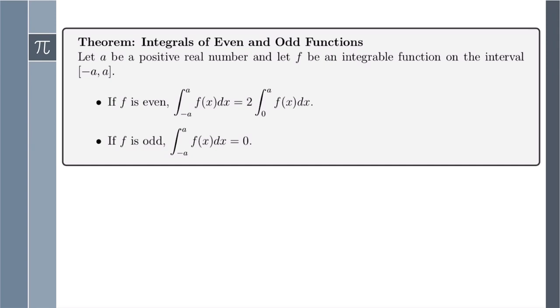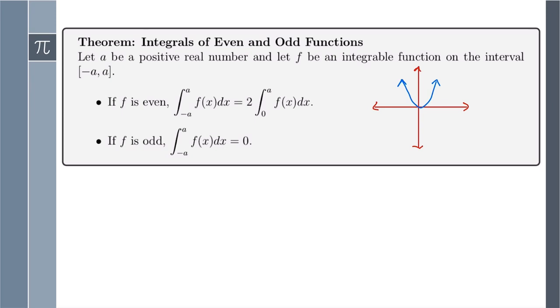So this basically means, let's go ahead and draw a function here. As we know, an even function is symmetric about the y-axis, so the graph of the function looks something like this.